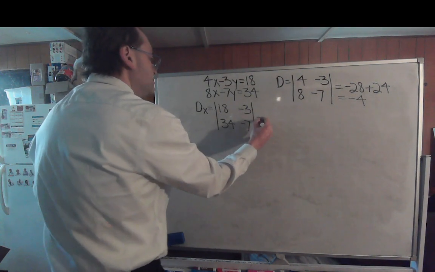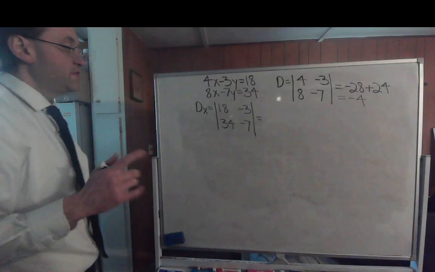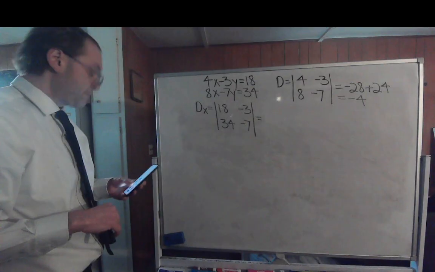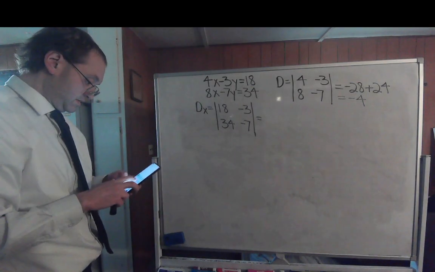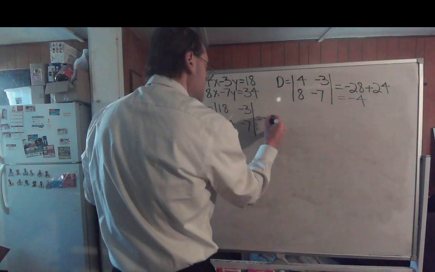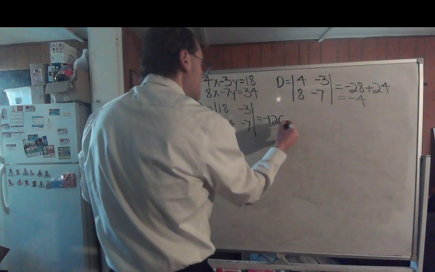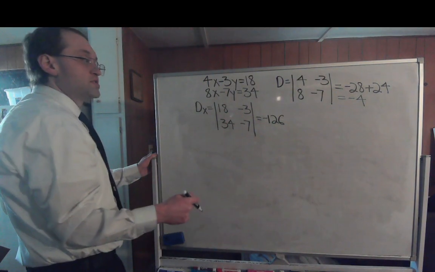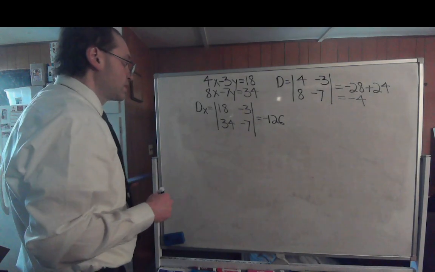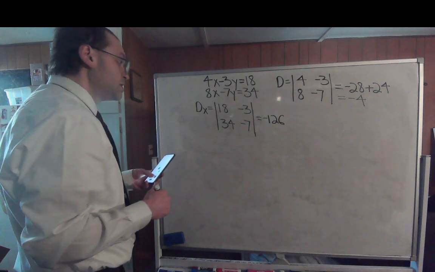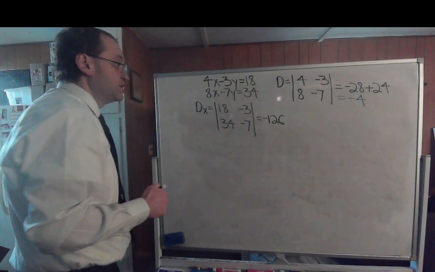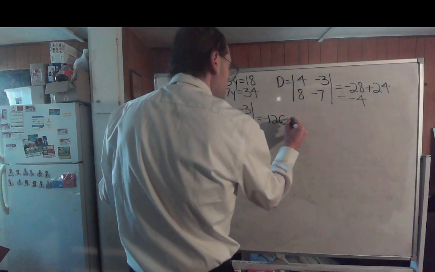All right. So let's figure out 18 times negative 7 first. That'd be negative 126. Minus negative 3 turns into plus 3 times 34. So 3 times 34, just as I thought, 102. So that'd be plus 102.